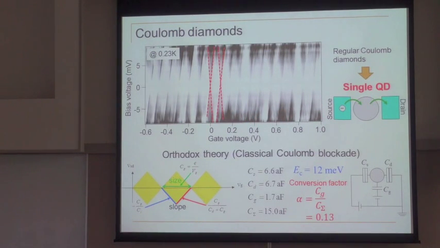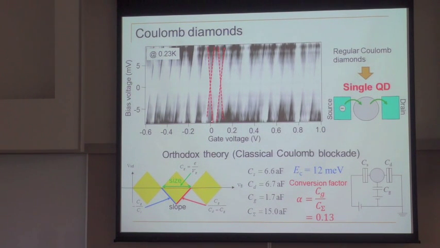And this is a Coulomb diamond result, which is a grayscale plot of the current as a function of gate voltage and bias voltage. As shown here, very clear and regular Coulomb diamond is observed, also indicating single quantum dot transport.